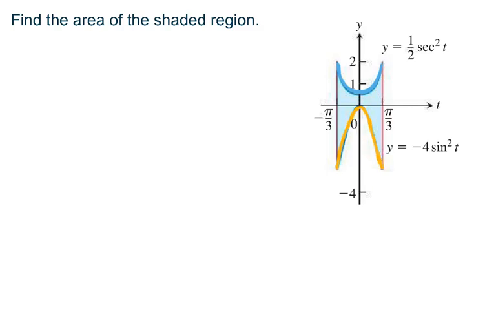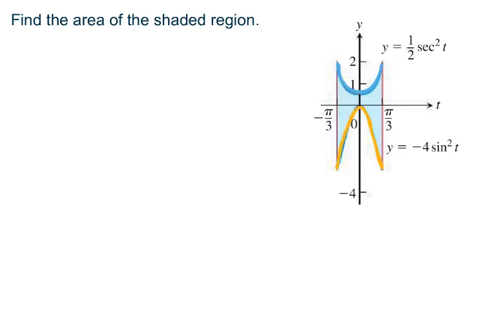One thing we might notice here is that both of our functions are even and both of our functions are symmetric with respect to the y-axis. So we can just look at the right half and double our integral value.